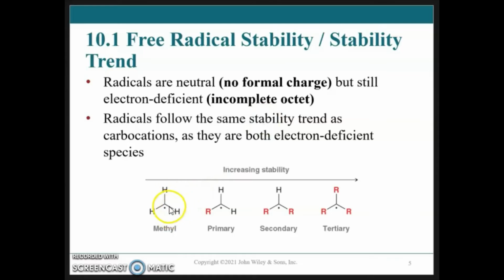So we see that the methyl radical is the least stable. A primary radical is slightly more stable, but still relatively unstable. And moving to secondary and tertiary, the tertiary radical is the most stable. And this results from hyperconjugation with the neighboring carbon atoms.